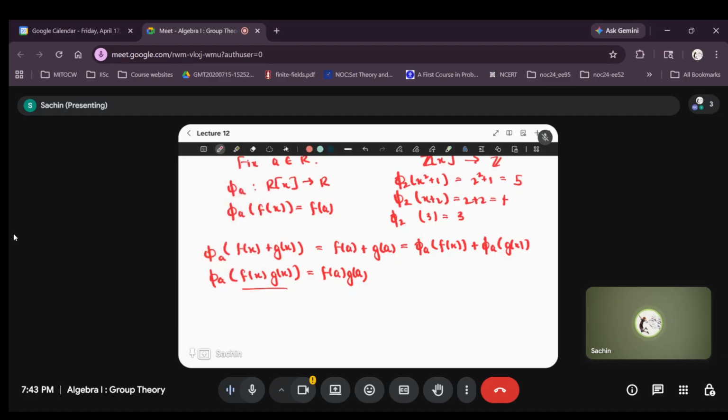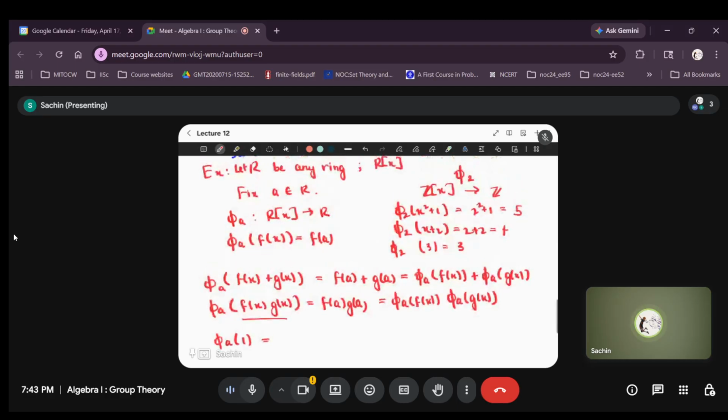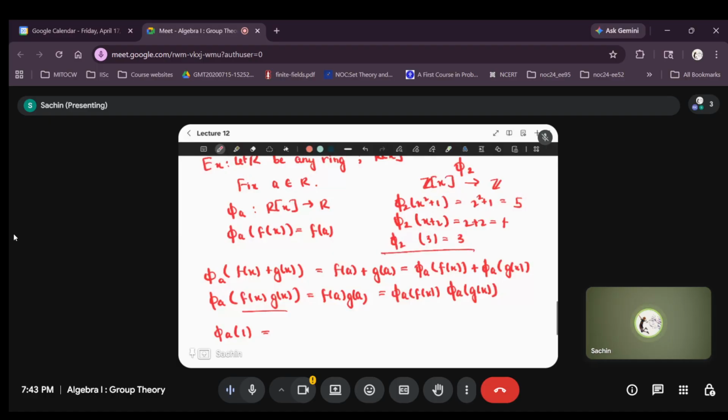But then f of a is phi a of f of x and g of a is phi a of g of x. And finally we have phi a of 1 should be equal to 1. Right now we saw that a constant simply goes to the constant itself. There's nothing to substitute.